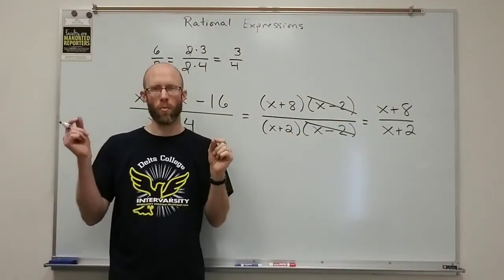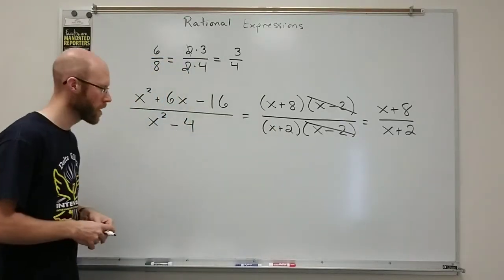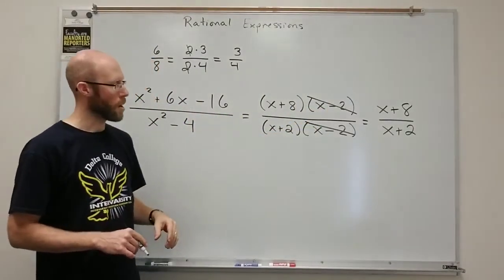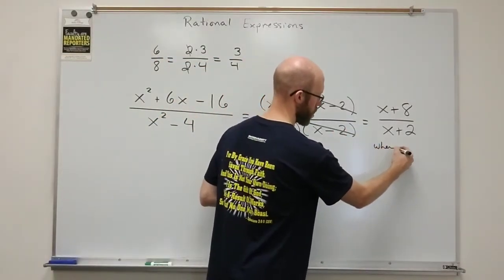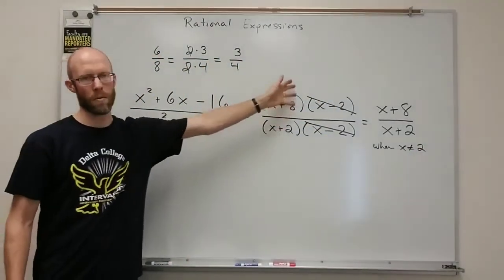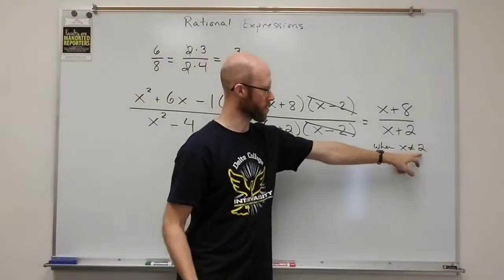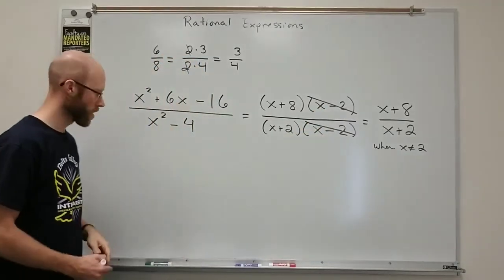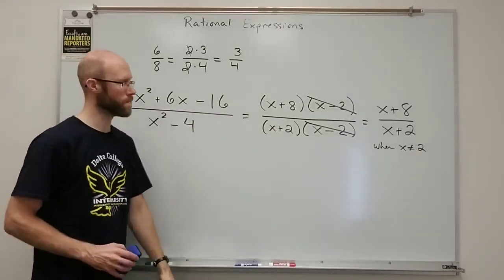It's just at one point where one of them doesn't have a value and one of them does. Because it only occurs once, we're going to write them as equal, but technically they're only equal when x is not equal to the 2 that we canceled out. When you plug the 2 into this factor, you get a 0 on each of these, okay? Anyway, that's how you simplify a rational expression.